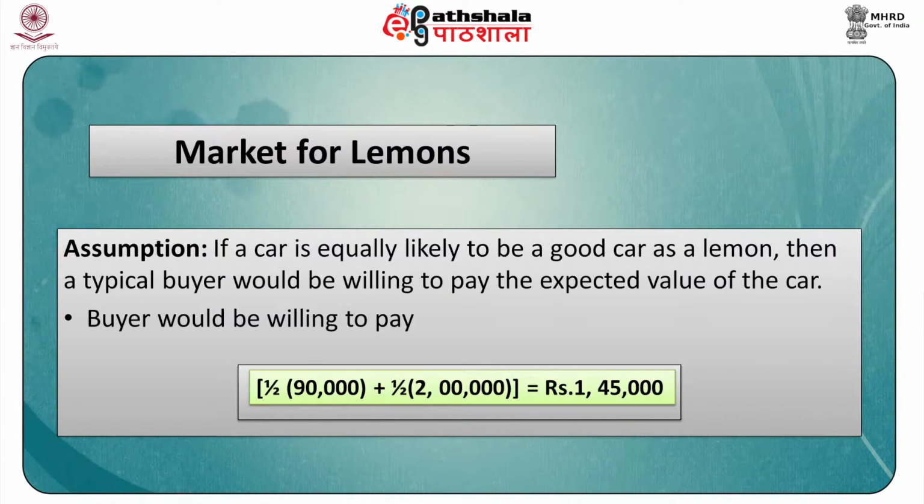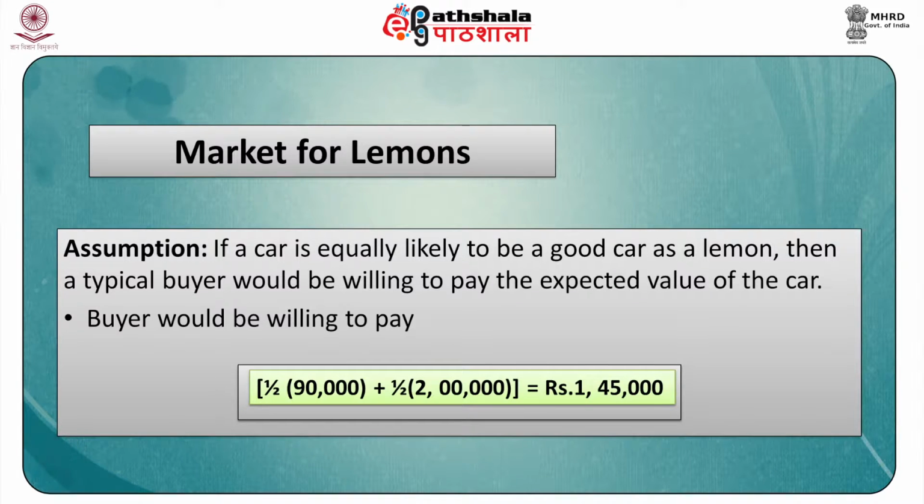But if the buyer was certain that he would get a lemon, then he would not be willing to pay rupees 1,45,000 for it. In fact, the equilibrium price in this market would be somewhere between rupees 60,000 and rupees 90,000.